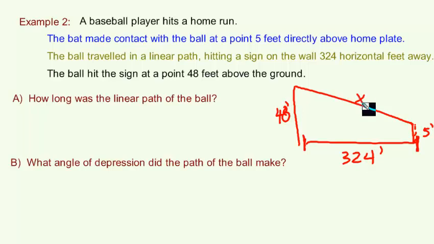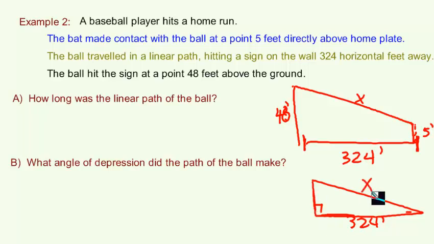What I'm going to have to do then is realize this is not actually 48 feet anymore. It was 48 feet when it hit, but it got a 5-foot head start. So the actual triangle portion of this trapezoid is still 324 feet along the bottom. There's still a right angle there because the ground is flat and the wall is assuming vertical.